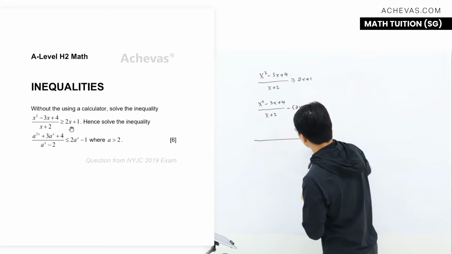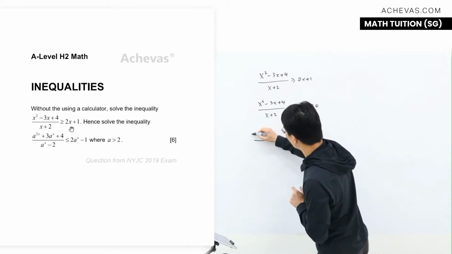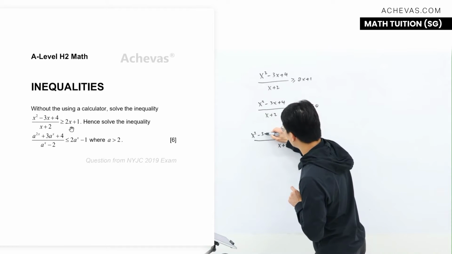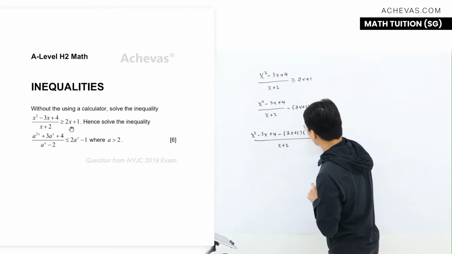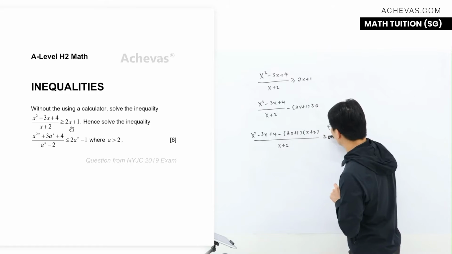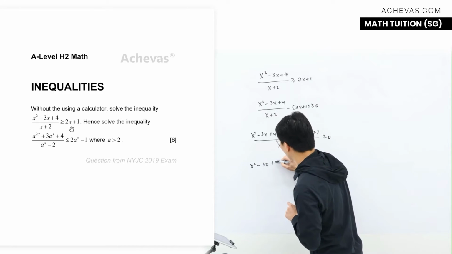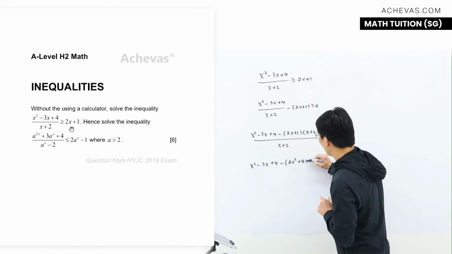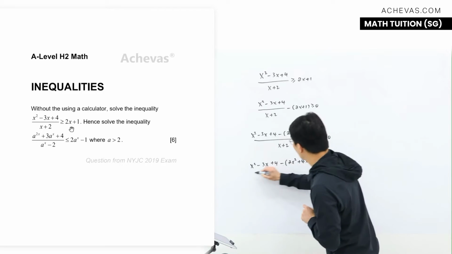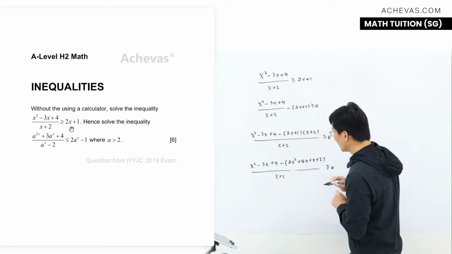0. Let's combine this. Common denominator x plus 2, numerator x squared minus 3x plus 4 minus (2x plus 1)(x plus 2), greater or equal to 0. Let's expand this. x squared minus 3x plus 4 minus 2x squared plus 4x plus x plus 2, over x plus 2 greater or equal to 0.